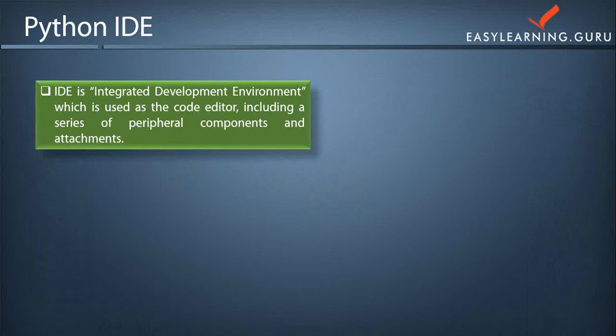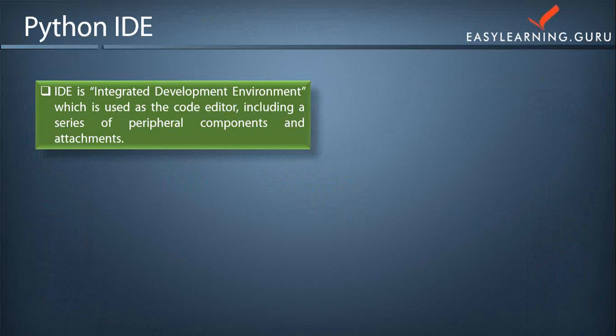Now, the Python IDE. IDE is basically the integrated development environment, which is used as the code editor, including a series of peripheral components and attachments. The most important feature of the Python IDE is that it offers a variety of language specific shortcuts.